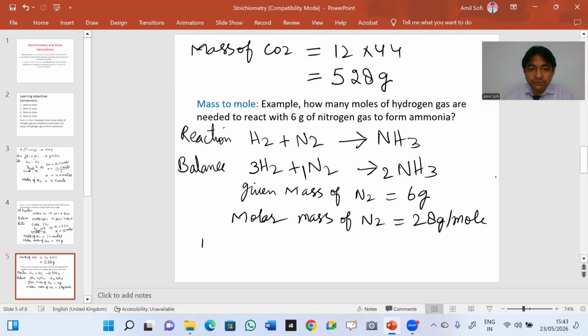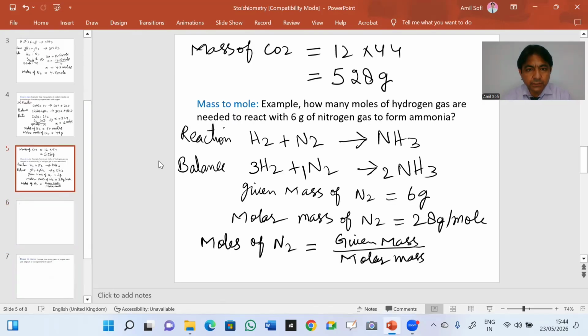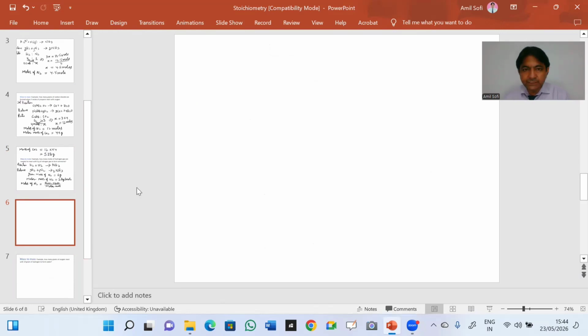Now, moles of nitrogen, moles of N2 is equal to given mass by molar mass. Given mass, molar mass, well, that would be 6 divided by 28.